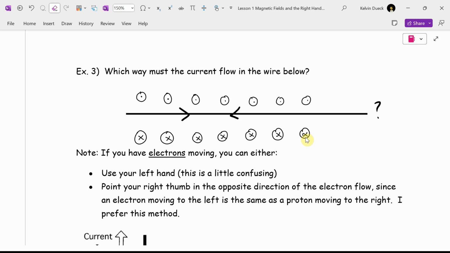Which way will I hold this wire so that my fingers are pointing towards me, out of the page, above the wire, and away from me, beneath the wire? So I'm not looking. All of you should figure it out. I think you're going to find your thumb should be pointing to the right. Yes? That gives it out of the page above the wire, into the page beneath the wire. Is that correct? So what direction is the current flowing then?